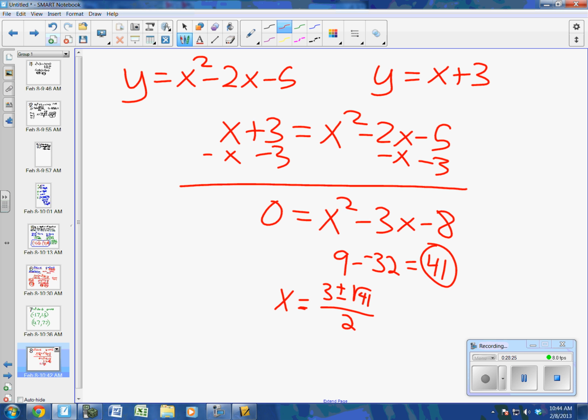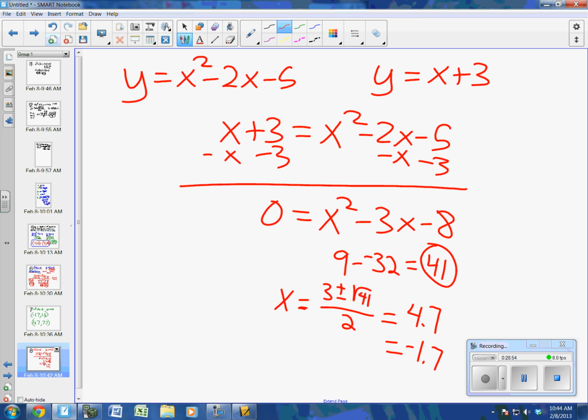And then hit divided by 2. 4.7. Okay, now go like this. 3 minus the square root of 41. Hit enter. And then go divided by 2. What'd you get when you did that one? Negative 1 point what? 7.